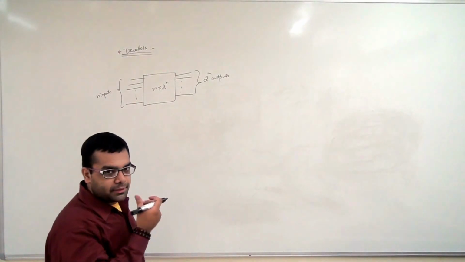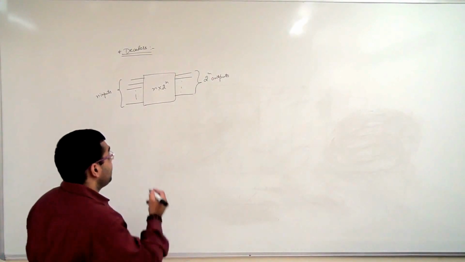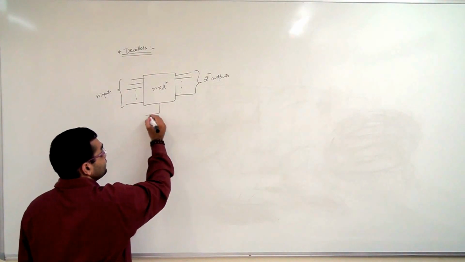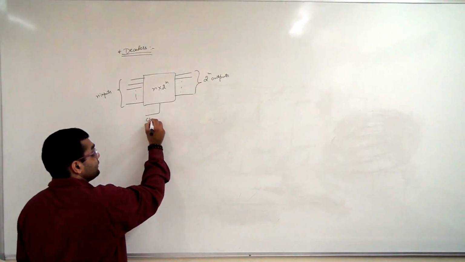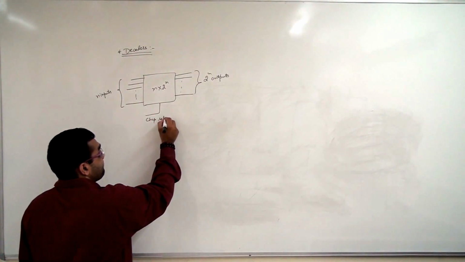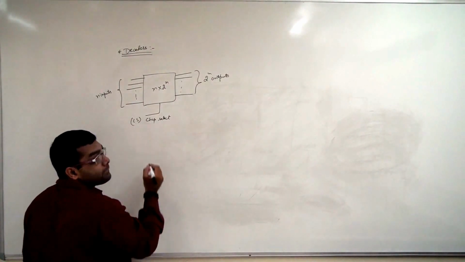Alright, we'll see a particular example of this, and we have one control signal that is called chip select or chip enable.